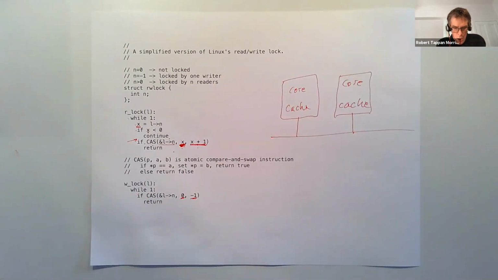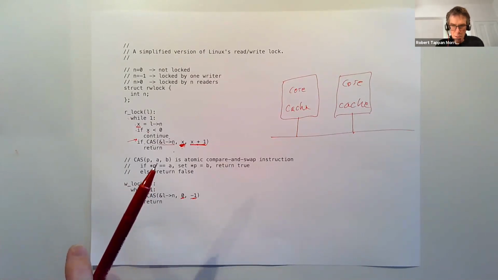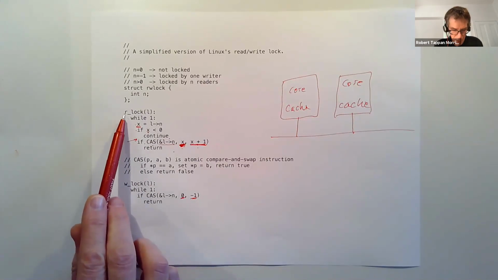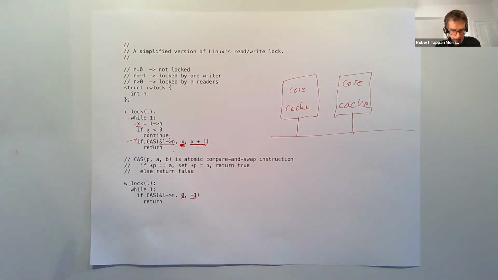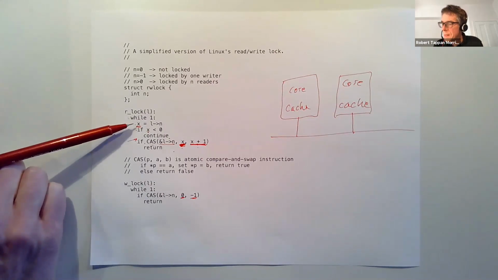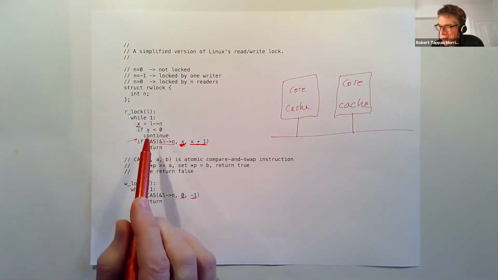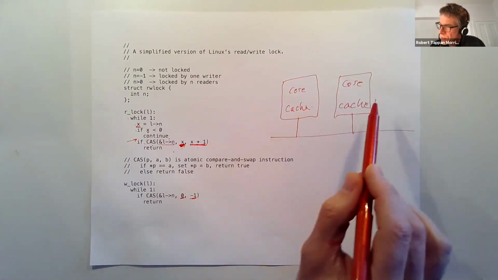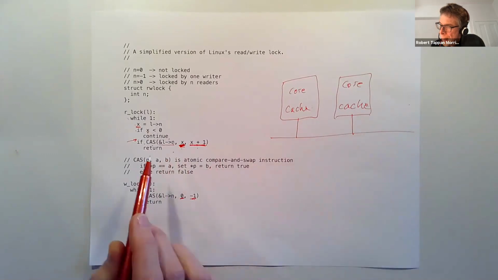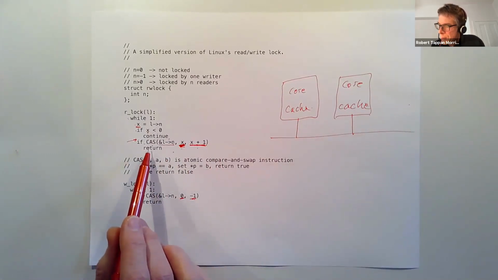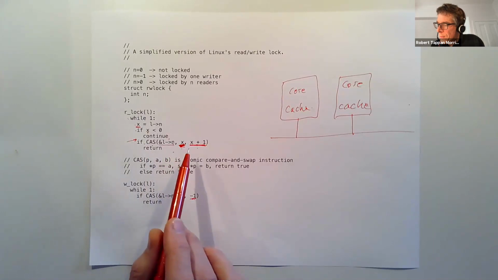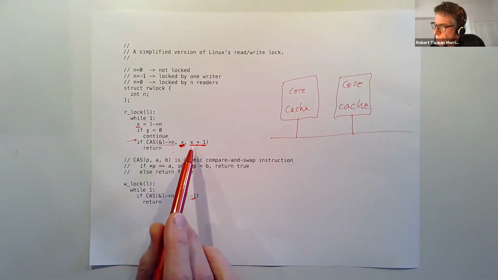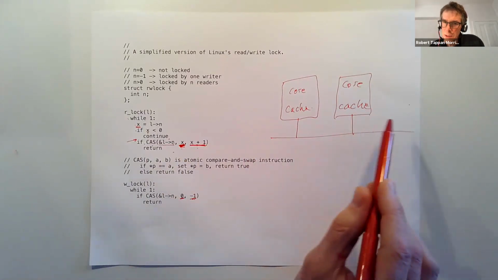So what actually happens if you have n readers, n people calling RLock at about the same time on n cores, they're all going to read this l arrow n value and load this memory location into their caches. They're all going to call compare and swap. The first one to actually call compare and swap is going to modify the data, but in order for it to modify the data, it has to invalidate all these other copies.